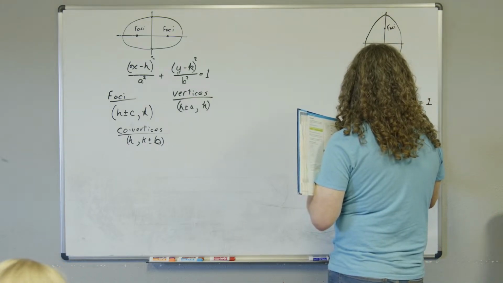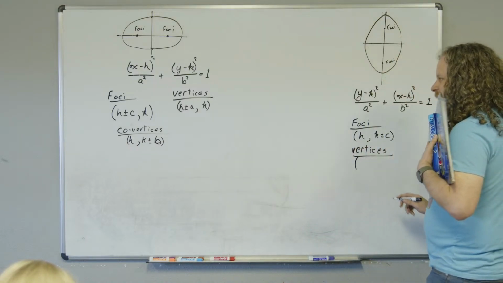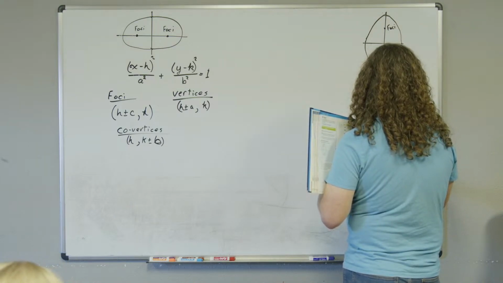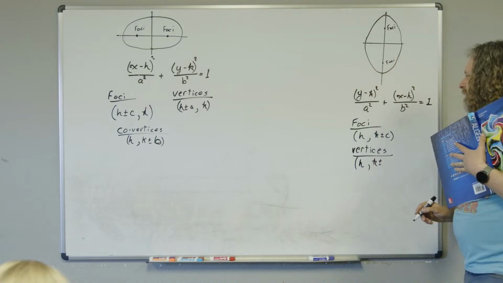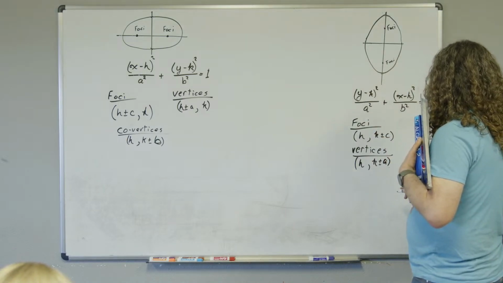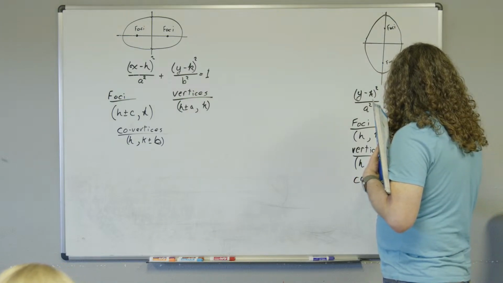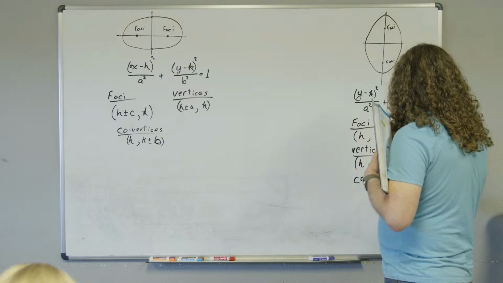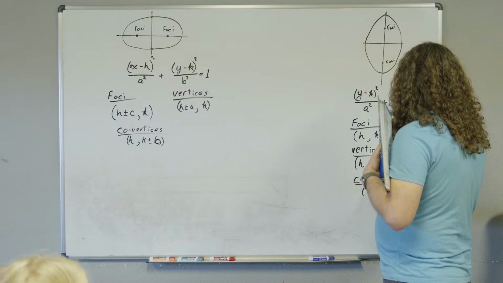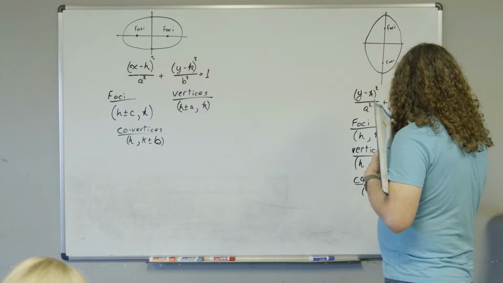To find the vertices on a vertical one, the h is going to stay constant, and it's going to be k plus or minus a, because that's the one that goes with y. And to find the co-vertices, h plus or minus b and k.